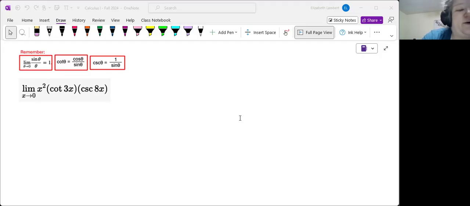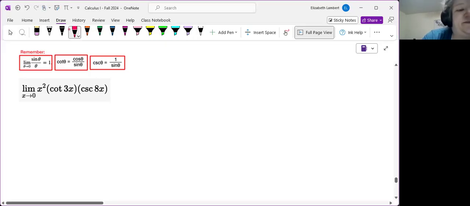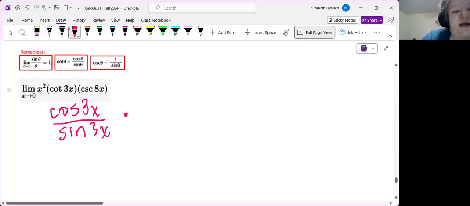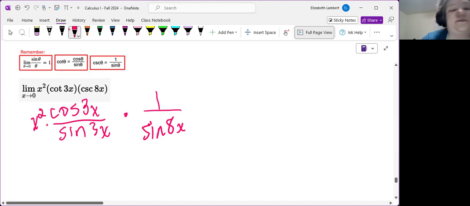All right, so cotangent here. That is going to be the cosine of 3x over the sine of 3x, times cosecant of 8x, which will be 1 over the sine of 8x. And then we still have that x squared just hanging out up front.